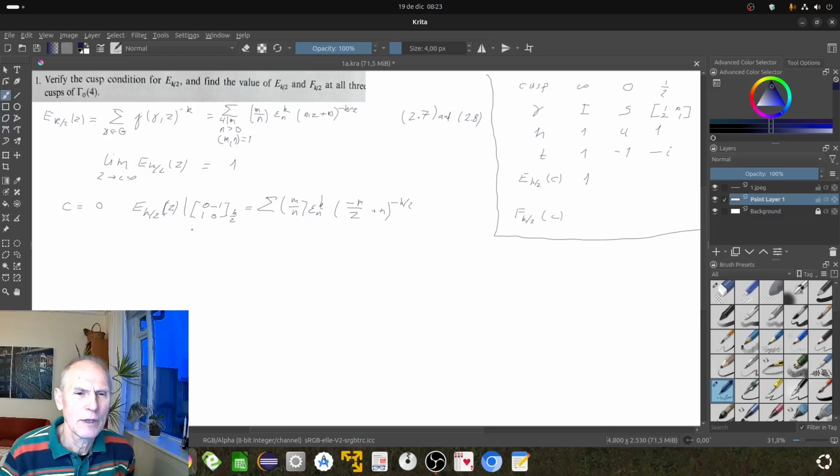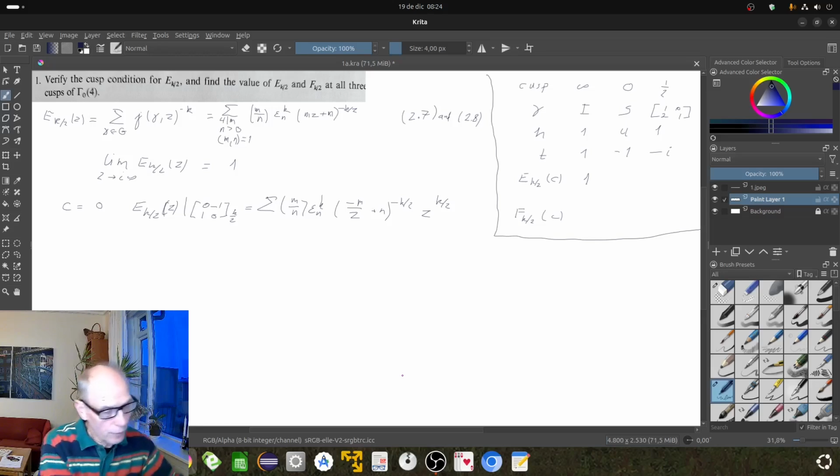And then we take the square root z to k halves. Or is it minus? My God, I forgot the definition here. I'll just look it up. I found it on page 186, so it should be minus.